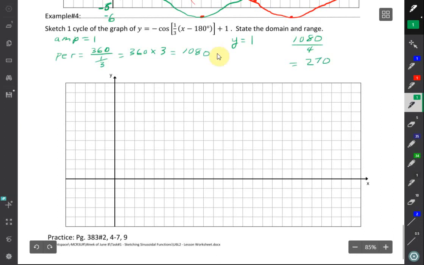That gives me 270. And once again, because I'm dividing by 4, just like the other question, we're going to have 6 grid spaces represent 270. So I'll go ahead and do my axis here.